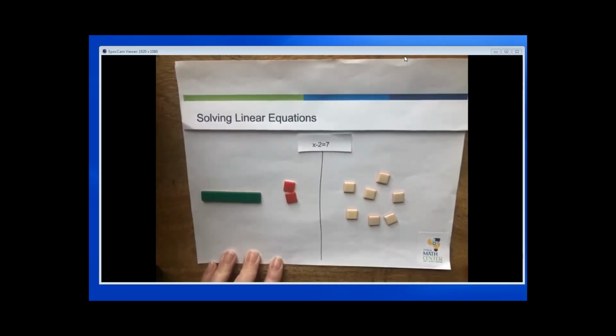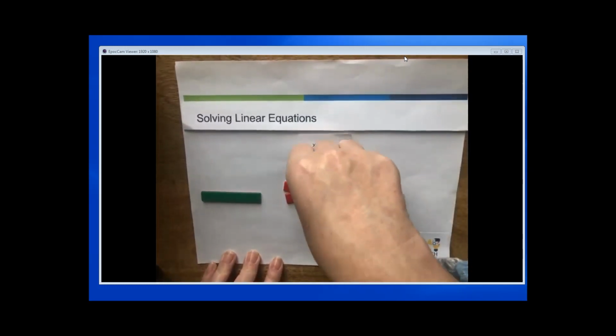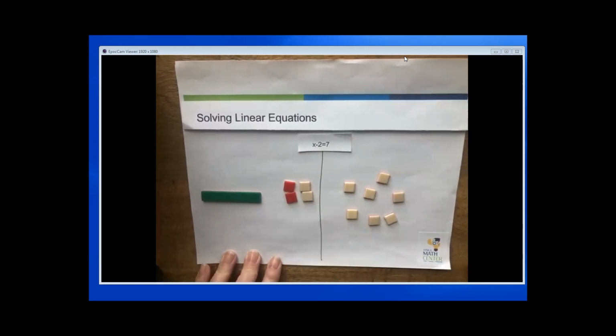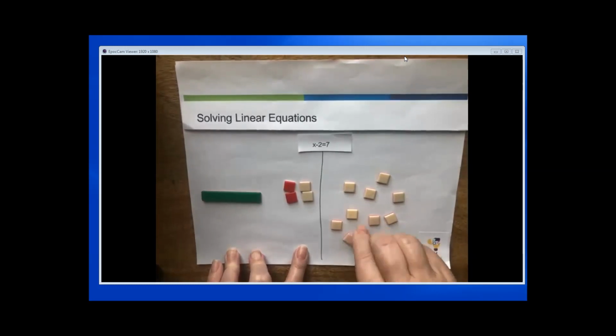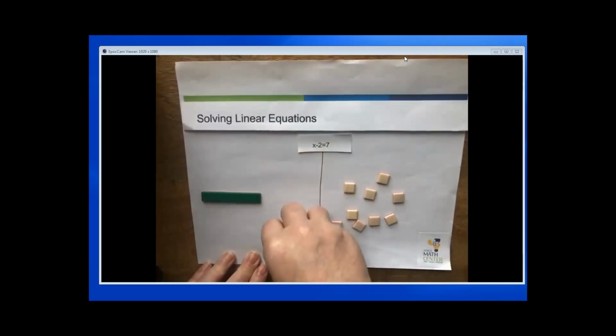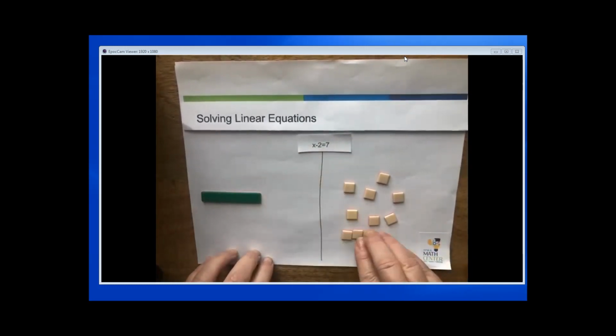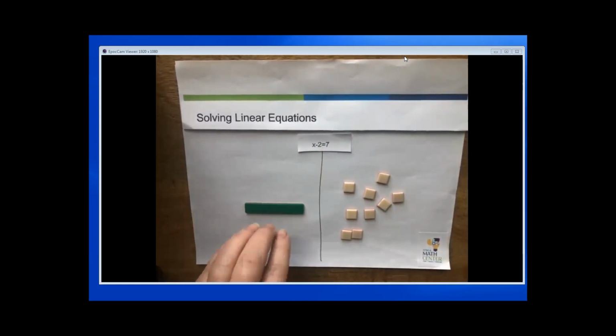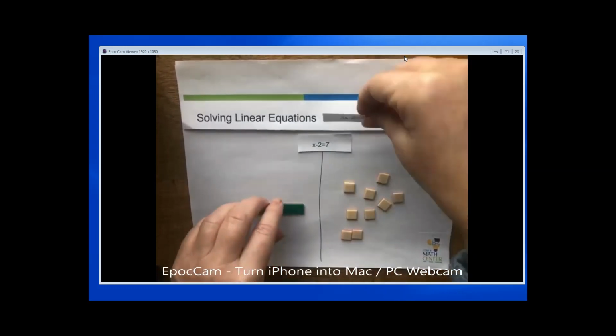Well, let's bring in the idea of that zero pair. I can put 2 positives there and this becomes 0, but if I do that to this side, I have to do it to the other side. Okay, these zero pair out and I can quickly see that x equals 9. Okay. Try this one.